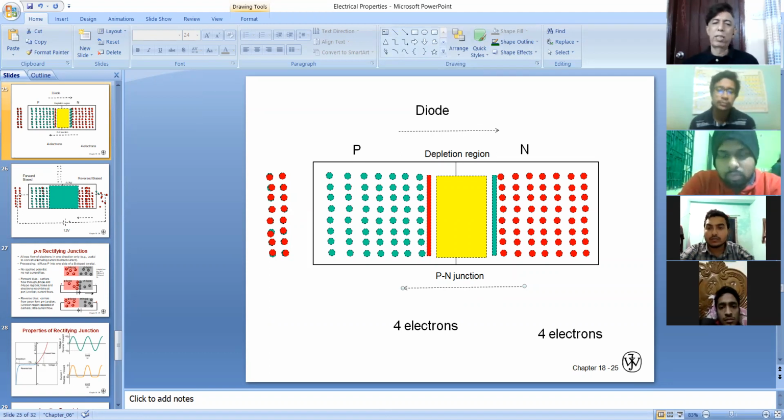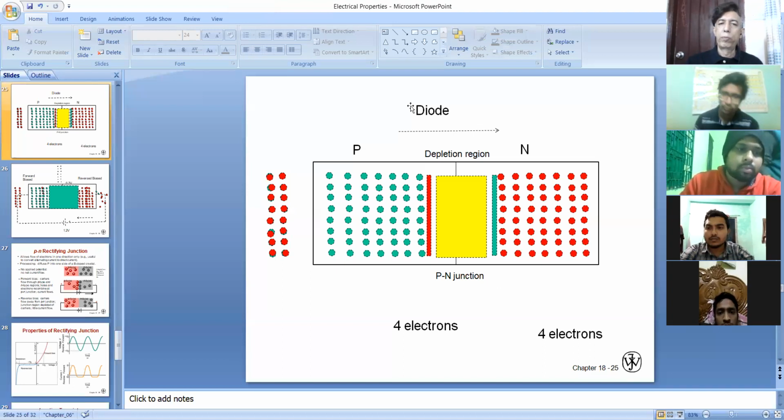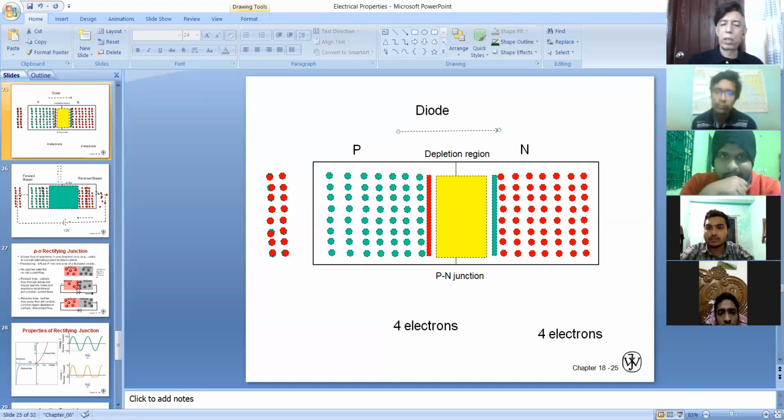Okay, this is another thing, of semiconductor thing. So this is a PN junction.